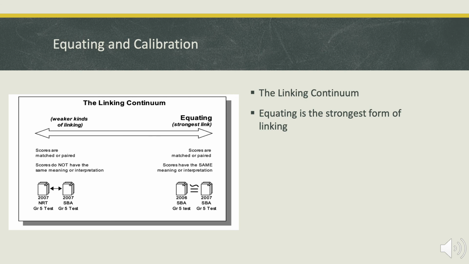For example, your standardized norm-referenced test can be linked to a standards-based assessment. Linking is a continuum, and equating asserts a strong association between the scores. Equating is the strongest form of linking on the linking continuum.